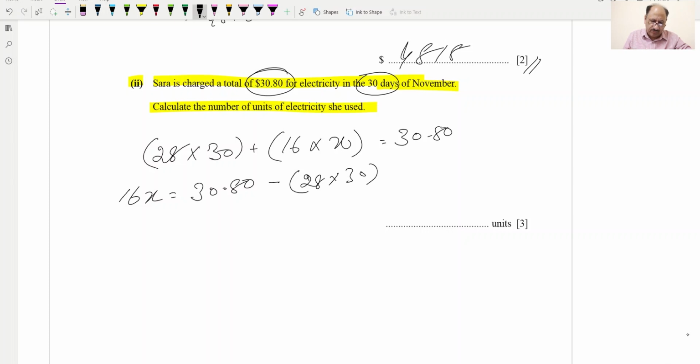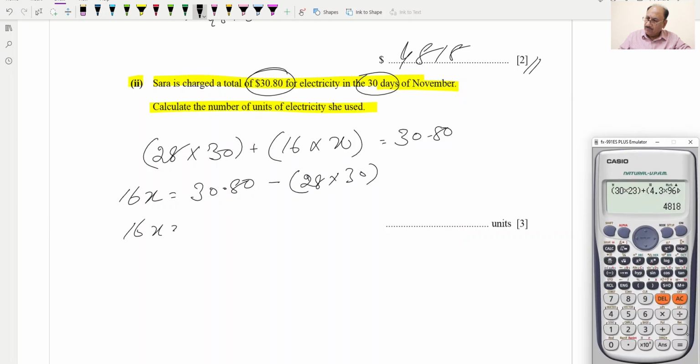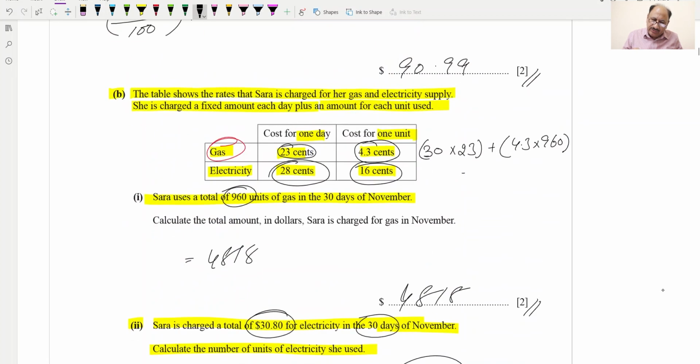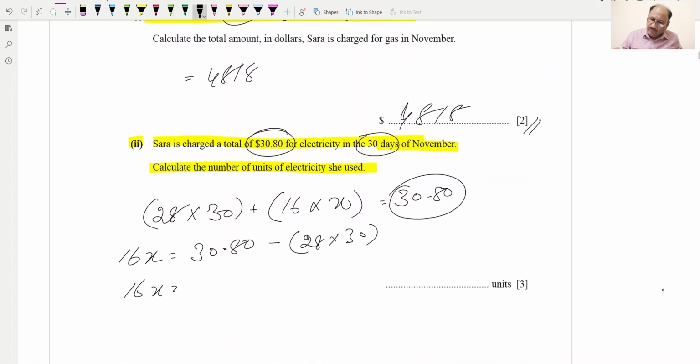Now this one is in dollars and the rate is in cents, so we have to convert this into cents first, then we can do the calculations.